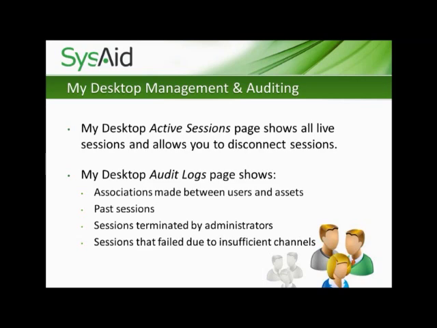Every time a user does a My Desktop session on a desktop, it will show that. It will show all past sessions on the audit logs, and it will also show if the session has been terminated by the administrator, the option we have from the active sessions page. If you terminate a session, it will be written in the audit logs.